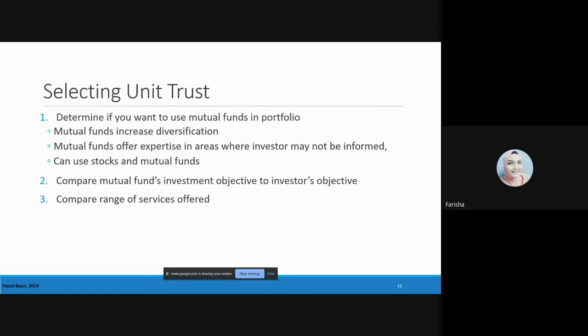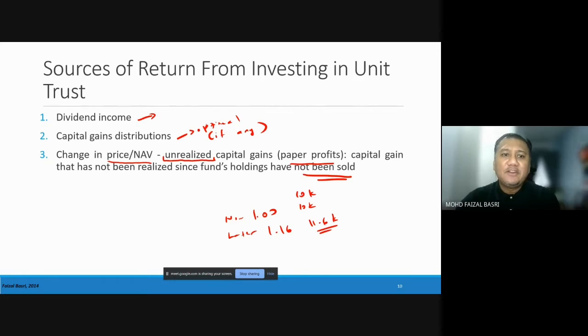Tapi tak dapat sepenuhnya kan? Depends, kalau you jual semua, dapatlah semua. Kalau you jual separuh, dapatlah separuh. So katakanlah you ada 10,000 unit tadi kan, kalau you jual the whole 10k, you akan dapatlah 11,600 ni. So, tapi lepas tu you dah tak dapat apa-apa sebab you dah jual kan, your possessions. Dan you kena beli unit trust yang lain lah untuk dapatkan returns.